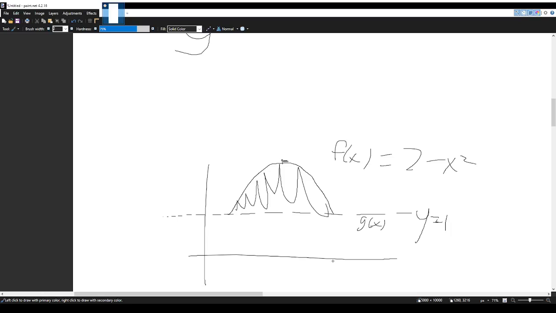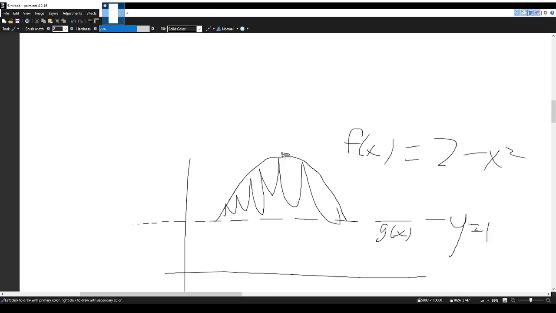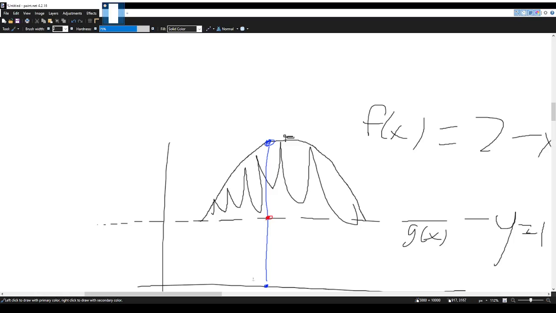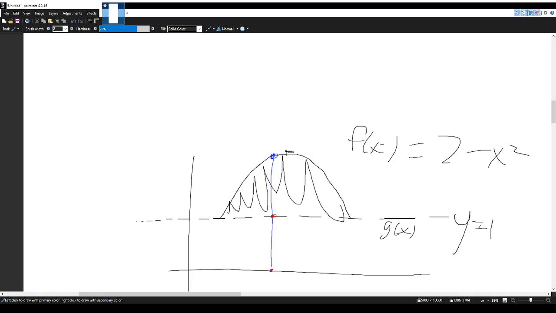Okay, so to find the radius, subtract g of x from f of x, right? So f of x is from here to here, whereas g of x is here to, and remember this is going down to the x-axis because this is the actual value of f of x.